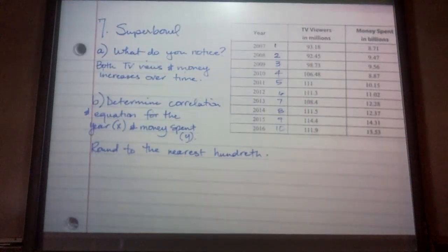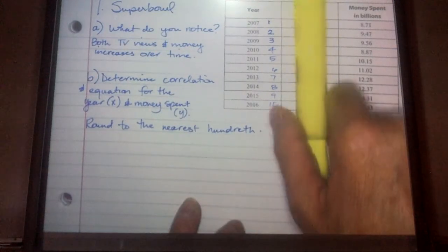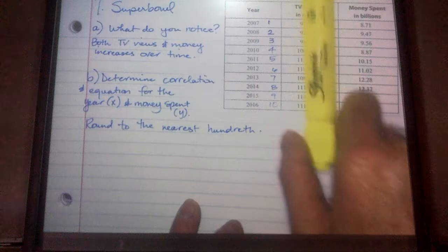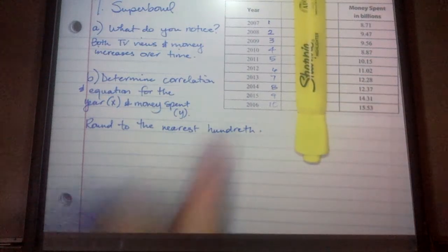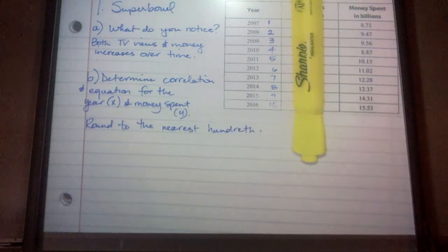Okay, so for this particular problem, they don't want the middle column. They're asking us to look at the year and the money spent. So I'm entering this for X and money spent for Y.